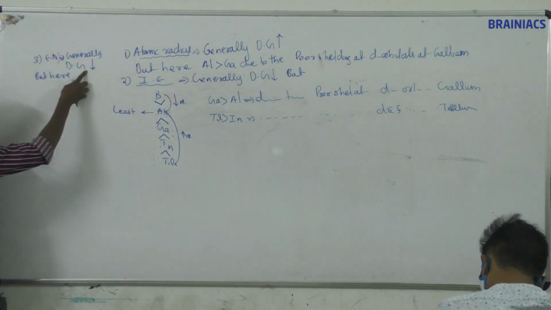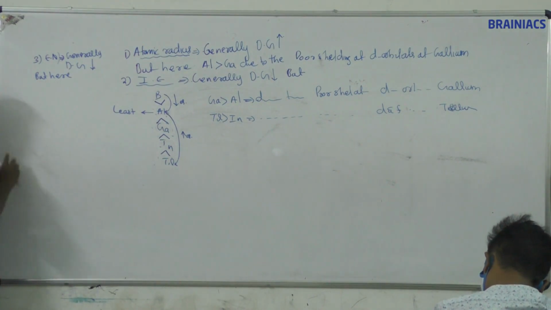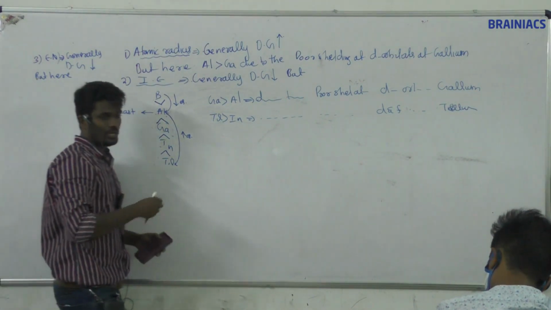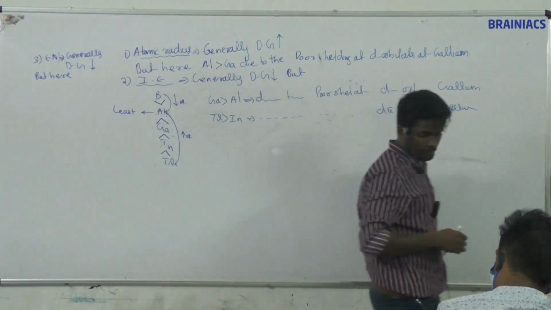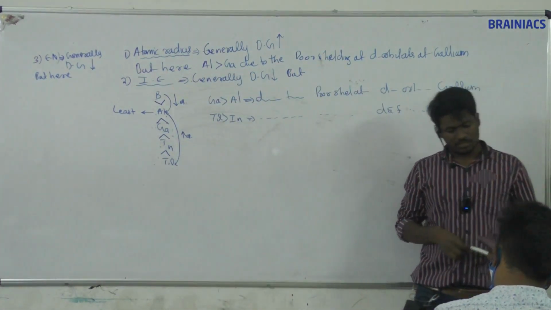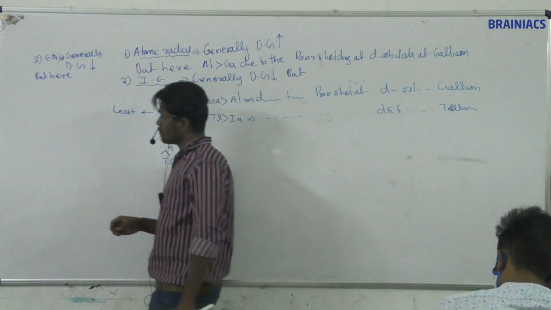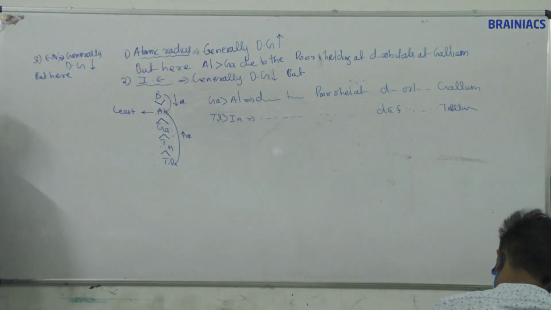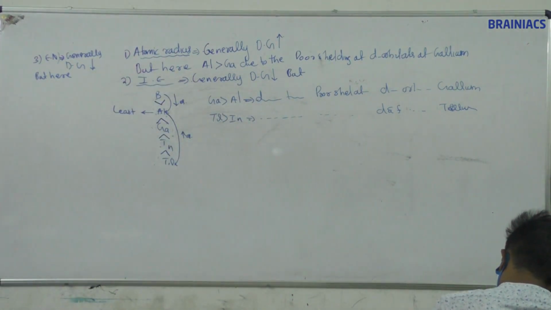Generally, down the group it decreases, but here it decreases up to aluminum, then increases.